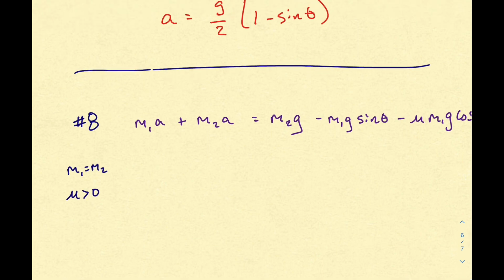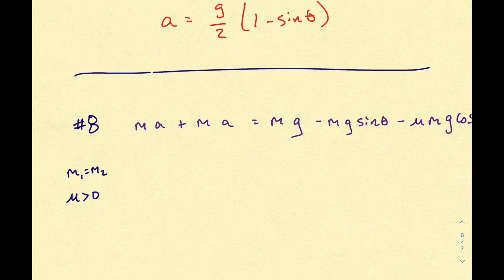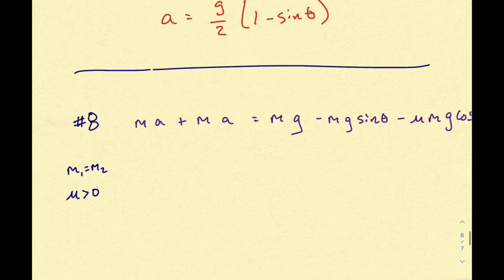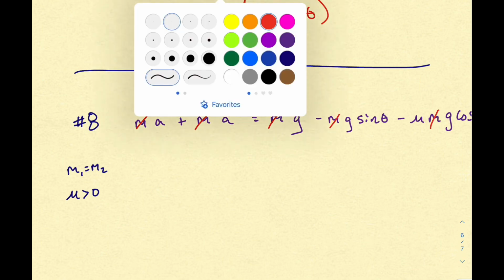So in this case, like before, I'd be able to cancel out all these m's without the algebraic step I did before. It looks like I lost a little bit of this over on the side, but I'll take care of that. An m in each term allows us to cancel out all these m's.